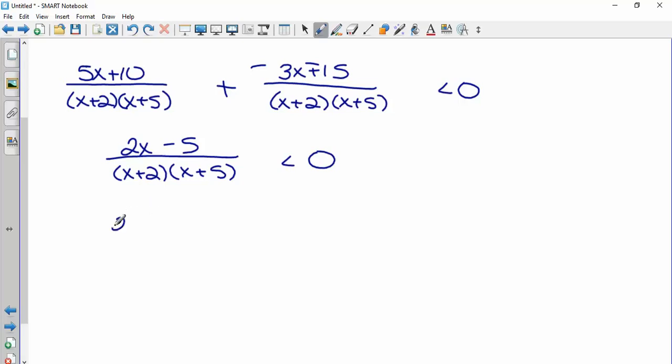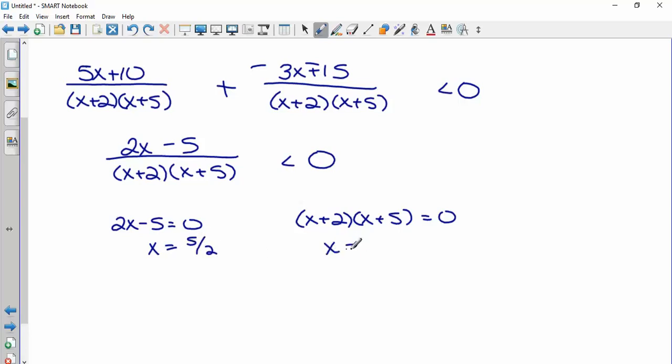Top and bottom equal to 0. So we get 5 halves, negative 2, and negative 5. So we have to look at all three numbers.